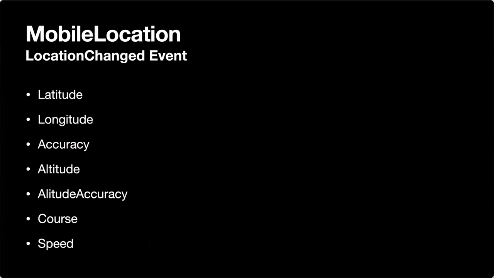And what you'll want to do when you set this up is tell it what amount of accuracy you actually need. The more accuracy you need, the more battery life the receiving of these events uses. So don't ask for more accuracy than you need. You'll also get altitude, altitude accuracy, course, and speed. Basically everything you need to know about where the device is.